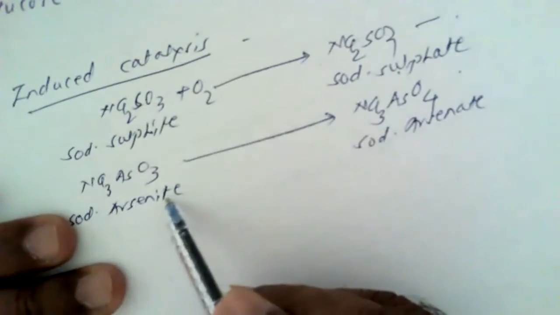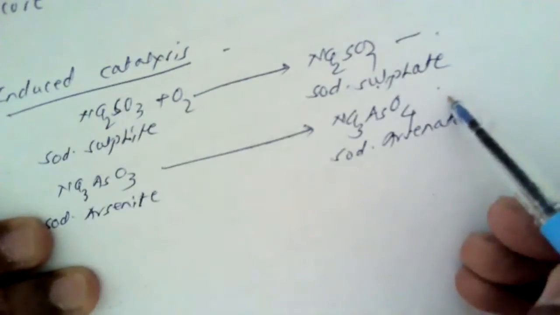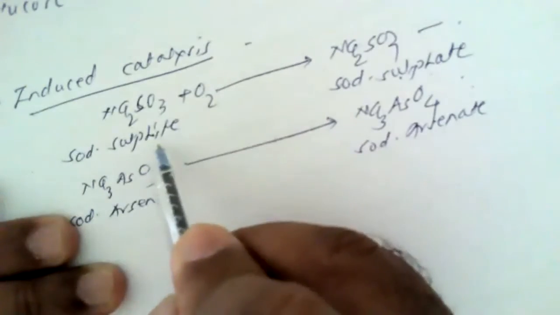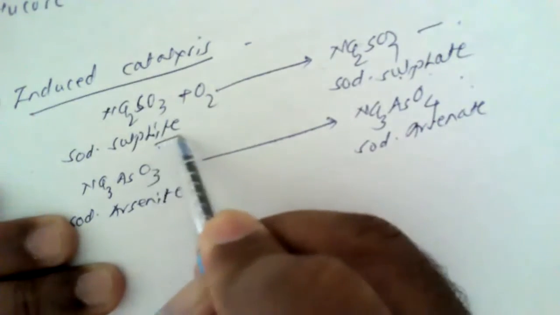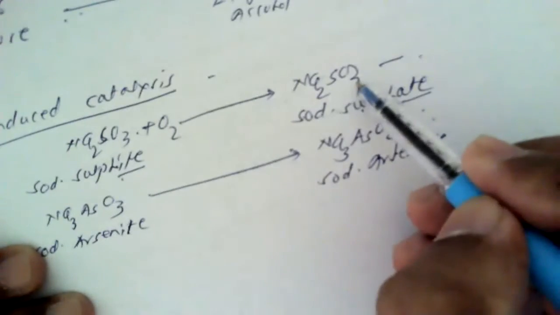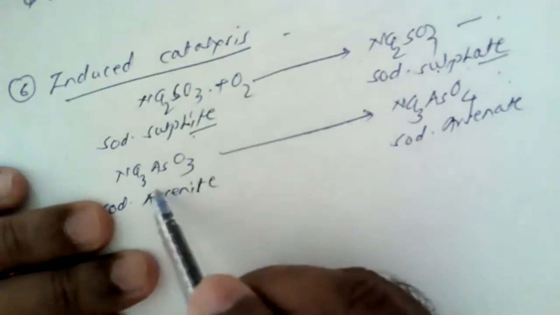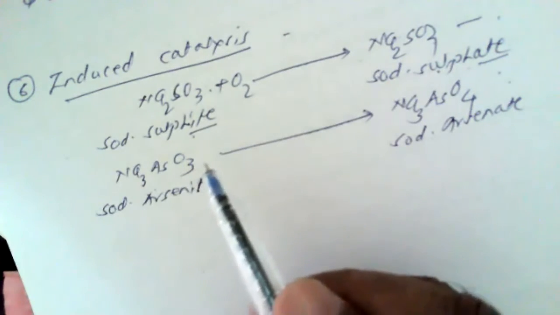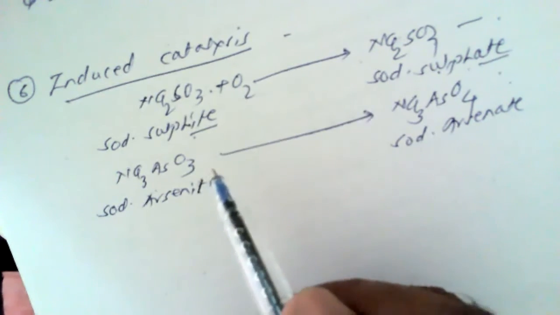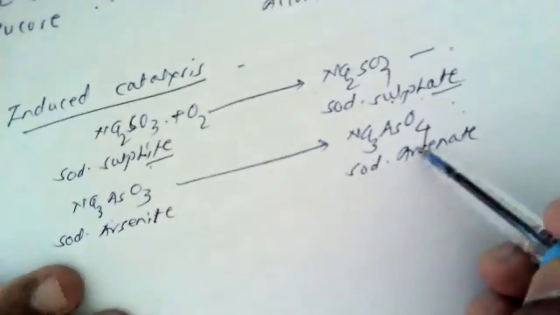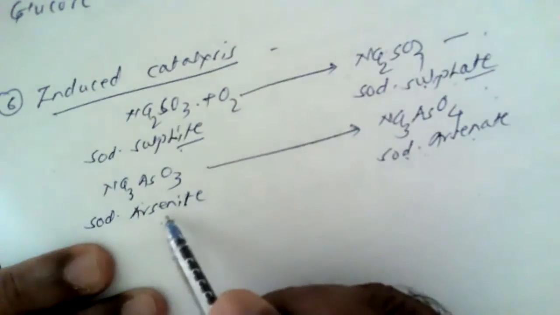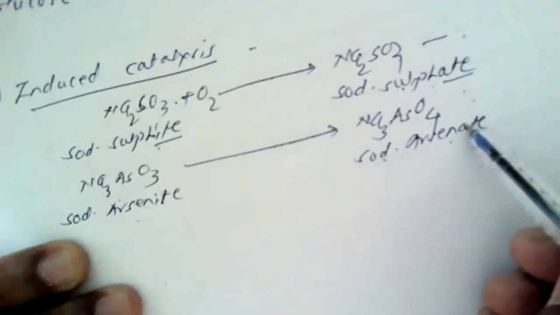So there is a difference between arsenite and arsenate, similar to that of sulfite and sulfate. Here there is a difference of only one oxygen: ITE has less oxygen, ATE has one oxygen more. Arsenite, Na3AsO3, has one oxygen less; Na3AsO4 is sodium arsenate. So this is sodium arsenite and this is arsenate.